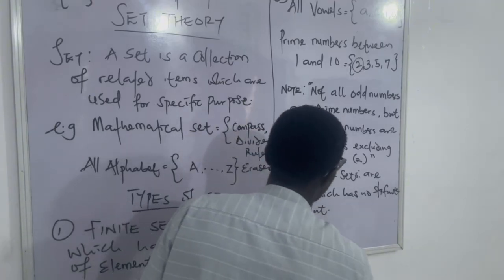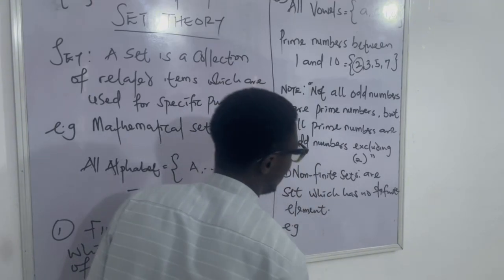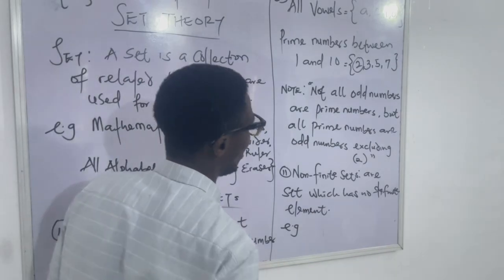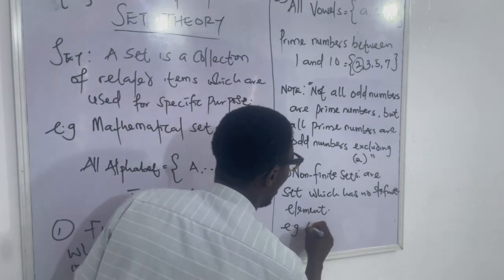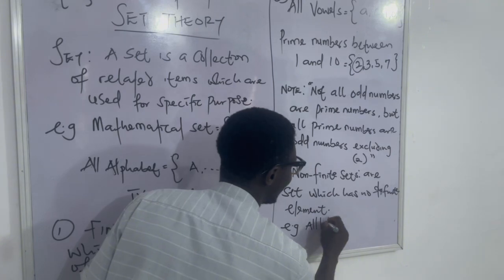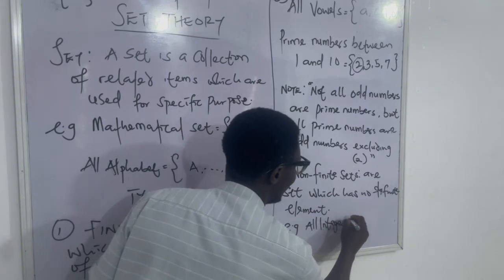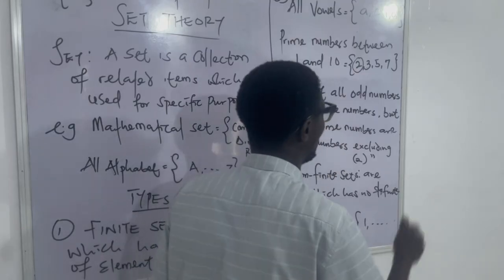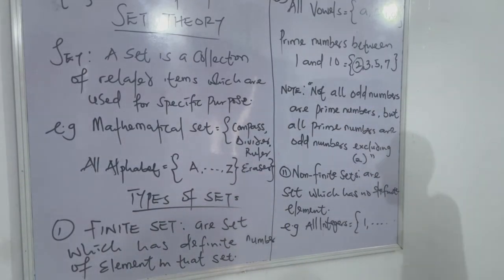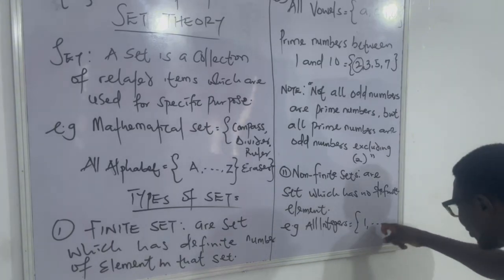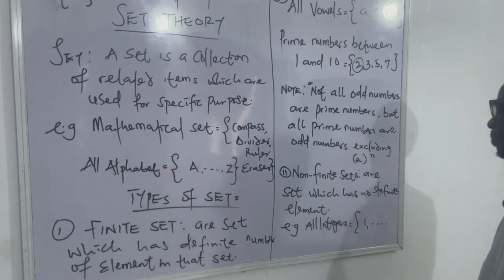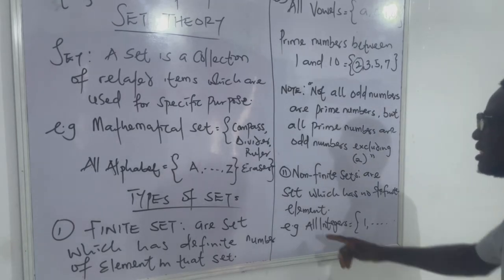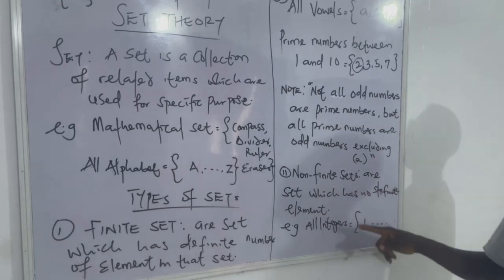Let's take for example all integers. If you start from 1 and count to a million, you've still not put in all the values of integers. That's why we said it is non-finite.